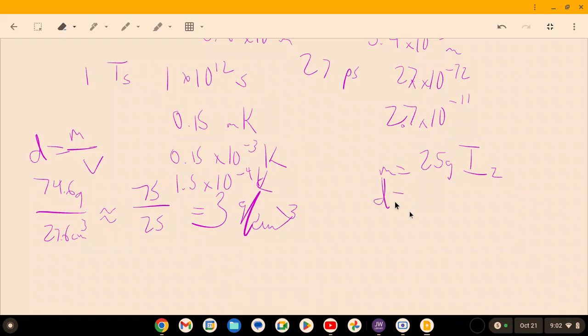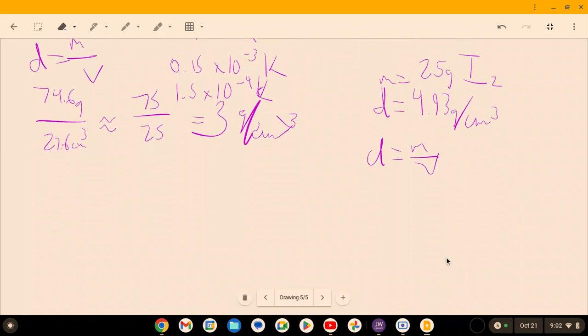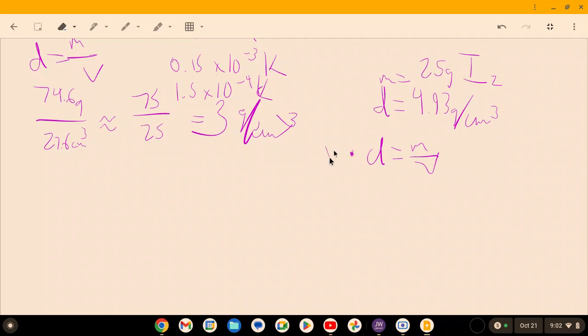The density equals 4.93. So it's the volume. So we've got to rearrange the equation, trying to find the volume. So multiply both sides by V. You get V times D equals M times V over V. Those cancel.